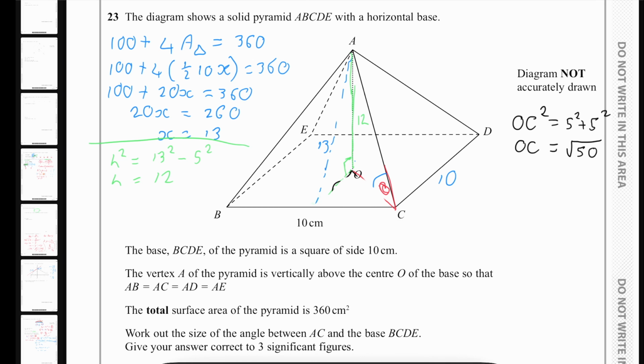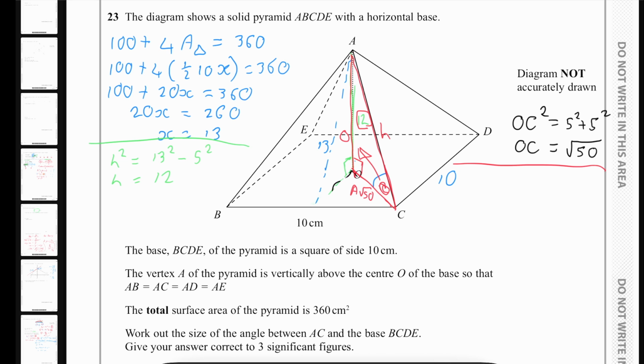Cool. Okay, so now we can finally switch to our final color, where we're now working in this triangle. It's again a 90-degree triangle. This is square root of 50, and I'm going to be using this 12. Looking from my angle, this is my opposite, this is my adjacent, and this is my hypotenuse.